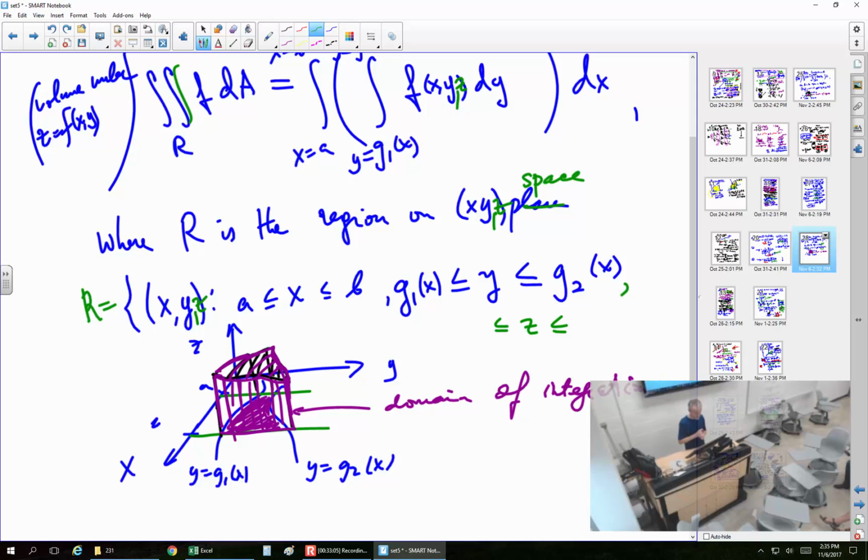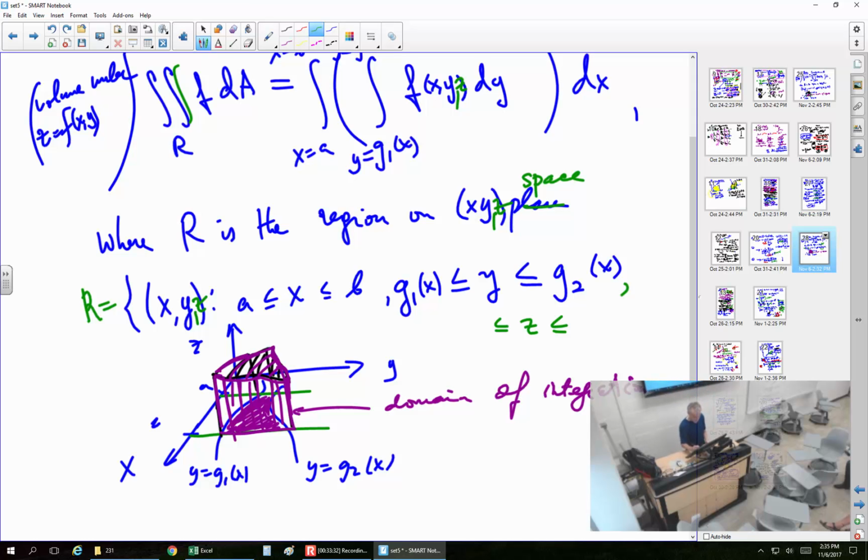Would it just be something like f1 of y to f2 of y? Almost. You're referring to this surface as f2 of y, but do you want to correct that to f2 of xy? Right, because this is a surface, so it depends on x and y.